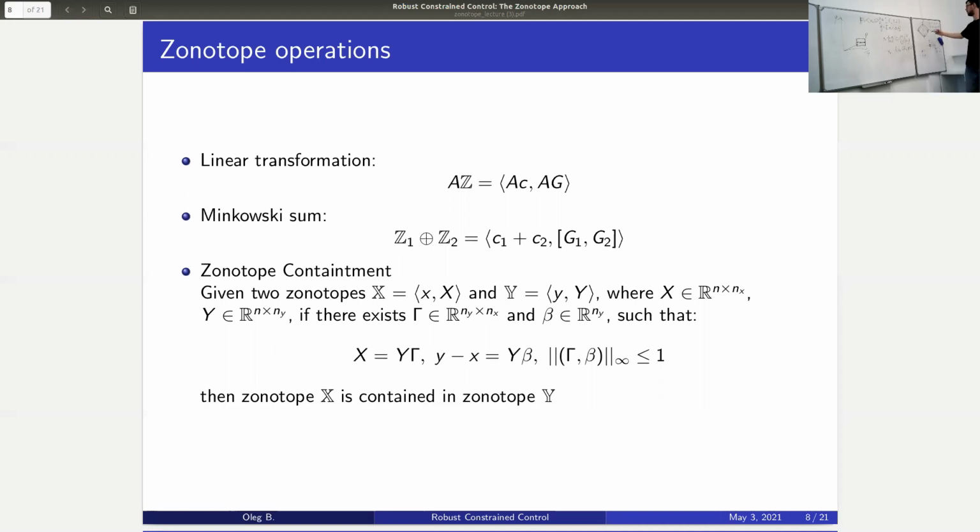Summation of two Zonotopes is just a combination of their generators. And that's all. It's the main reason why people work with Zonotopes.